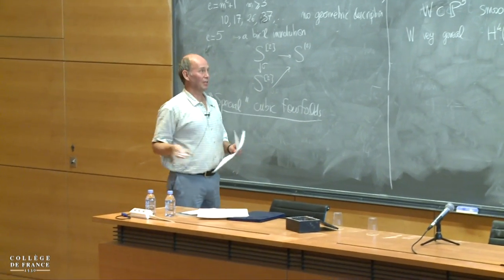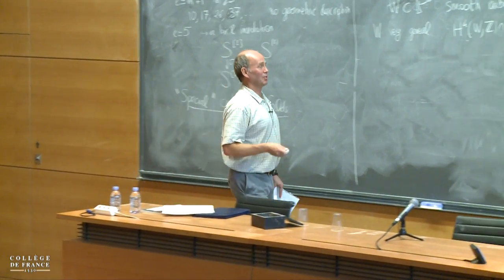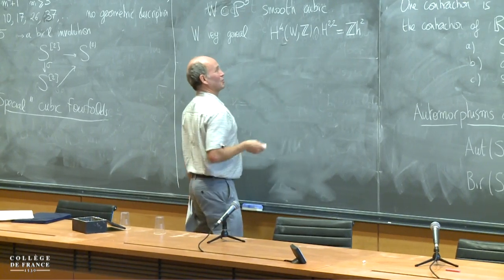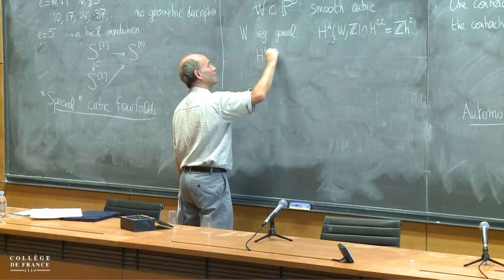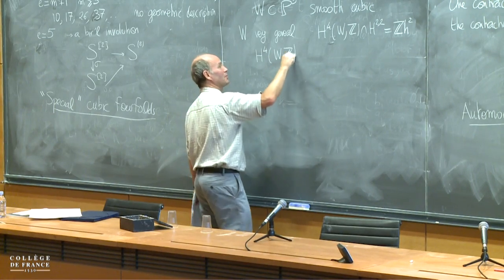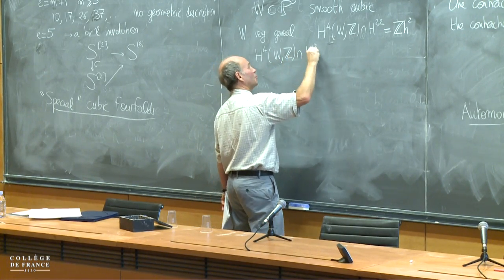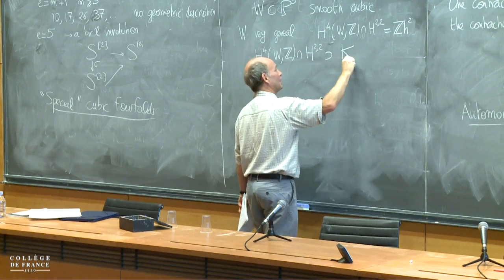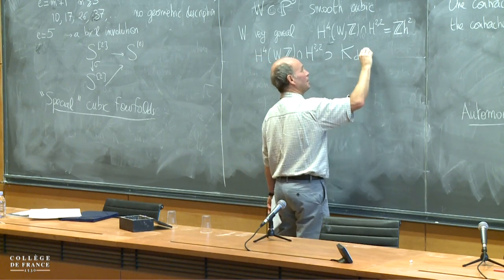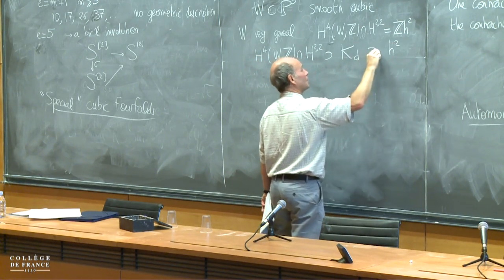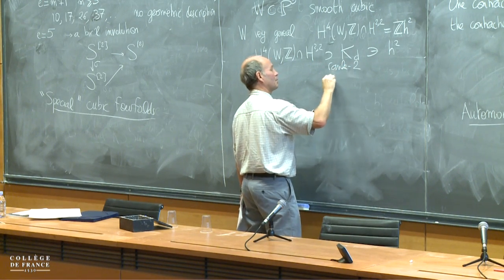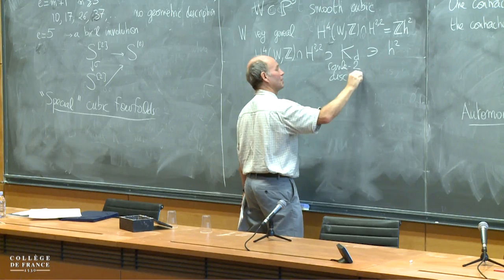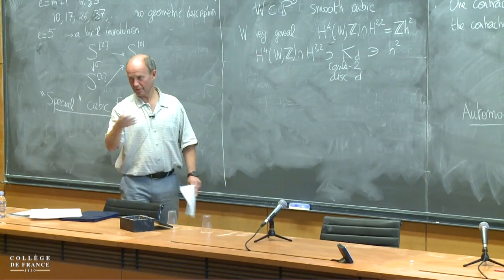So Hassett studied the next case where this intersection has rank 2. More precisely, we want this intersection to contain a lattice K_d, which has rank 2, discriminant d, and is saturated.